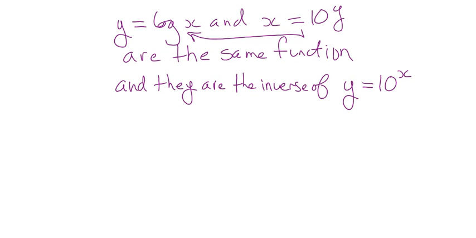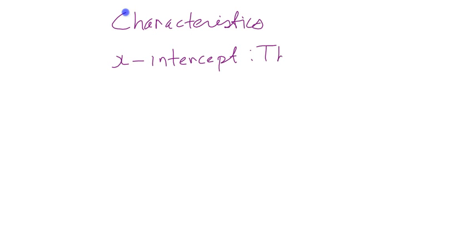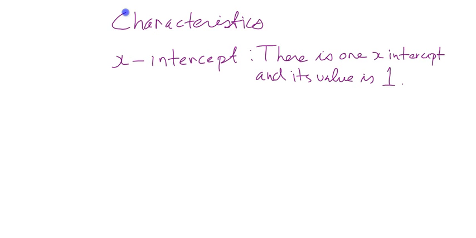Okay, so let's, new page, characteristics. So there is one x-intercept whose value is 1.